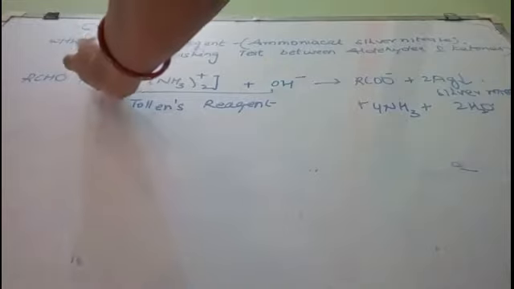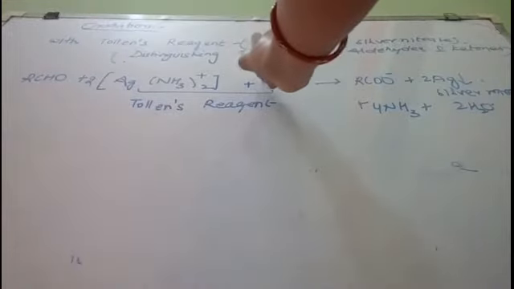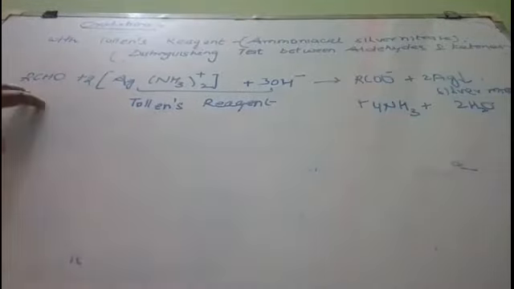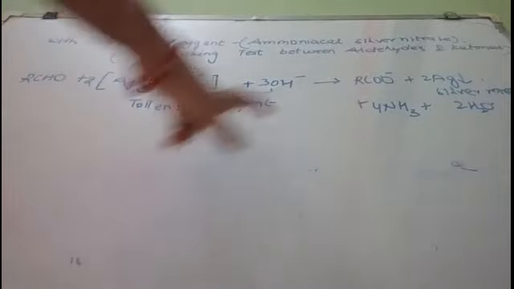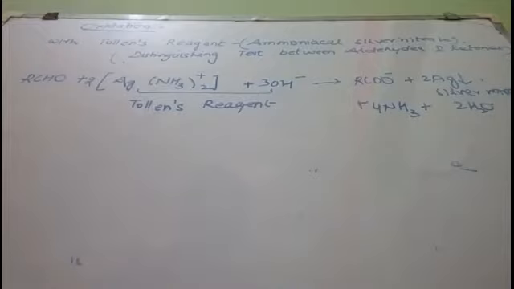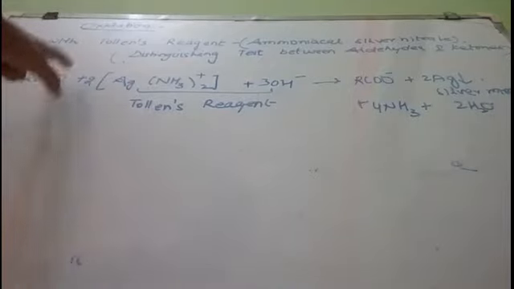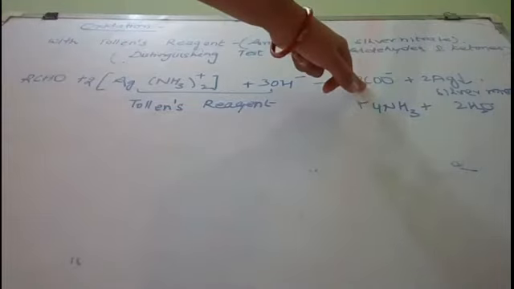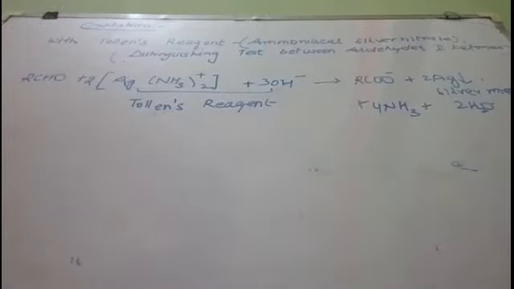Let us balance this: put 2 here and 3 here, right. So when aldehydes react with Tollens reagent, they form a silver mirror on the inner side of the test tube, which shows that the given compound is an aldehyde. The aldehyde is oxidized to form a carboxylate ion. So that is the reaction.